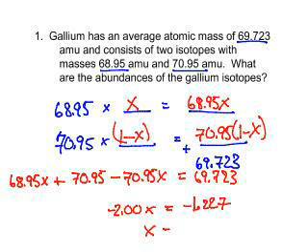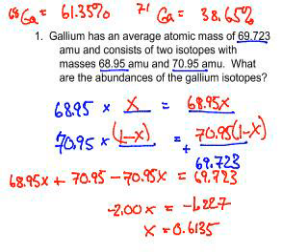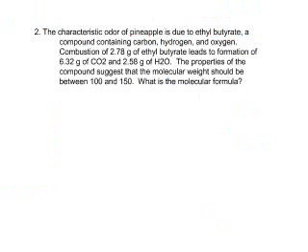You solve for x. x is 0.6135. So the gallium-68 has a percent abundance of 61.35%. The gallium-71 would be the difference, 100 minus that, so that's 38.65%. Again, you may want to pause some of these because I'm going fast.